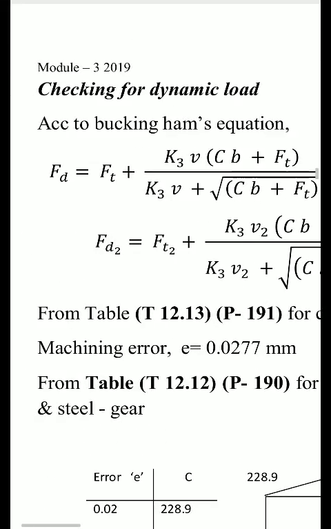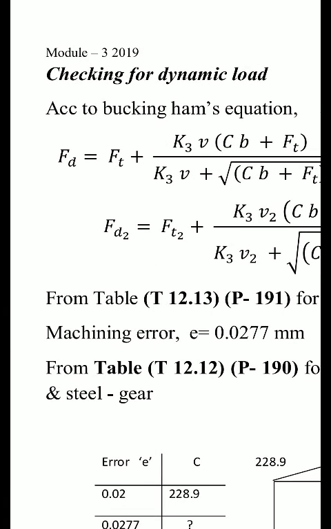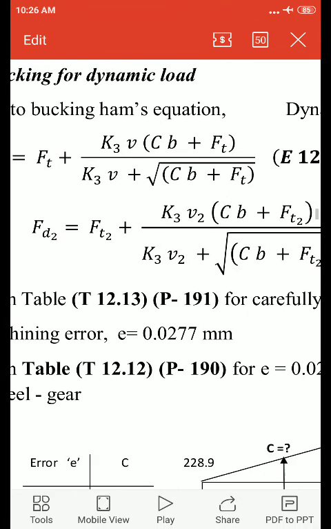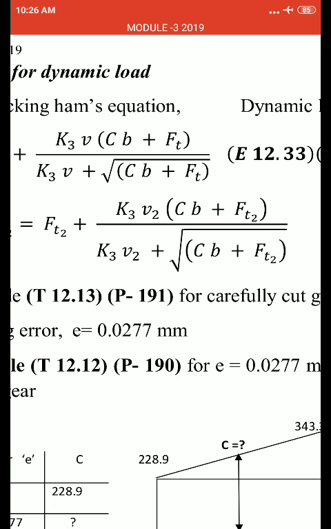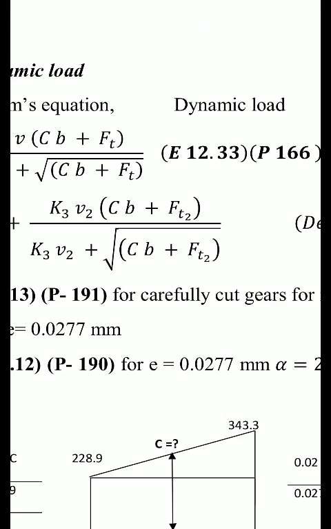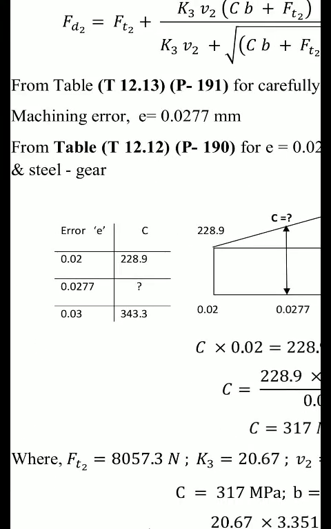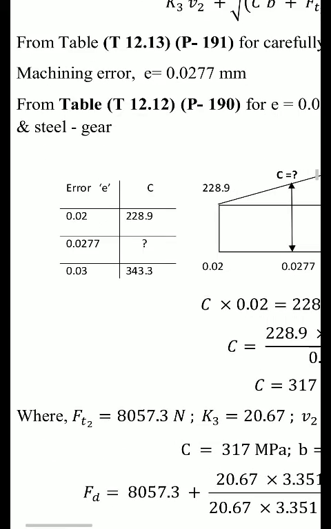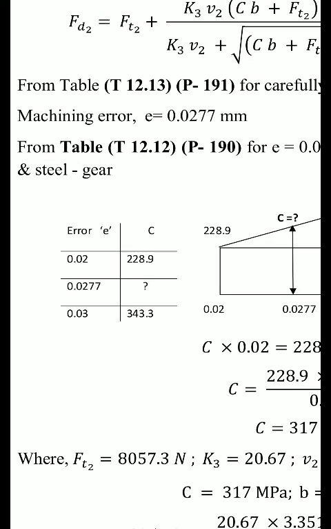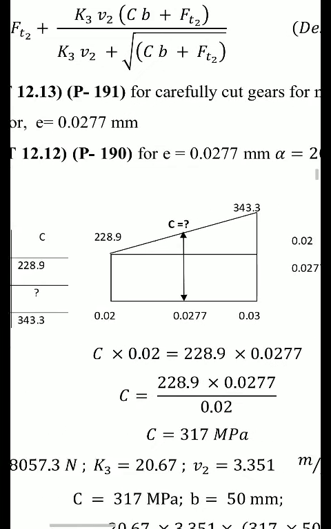Next, checking for the dynamic load, the same equations we did in the previous problem. According to Buckingham's equation, Fd is equal to Ft plus k3 v into (Cb plus Ft) divided by k3 v plus root of (Cb plus Ft). Go to page number 166, equation number 12.33. First we need to find the machining error e from table number 12.13, page number 191, carefully cut case, for m equal to 5.